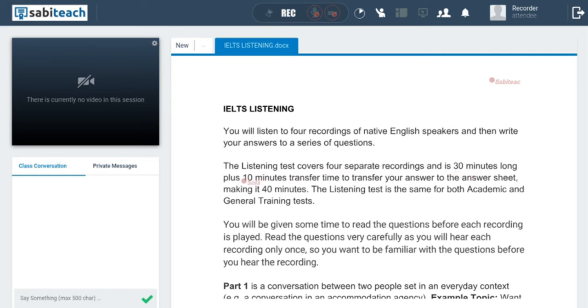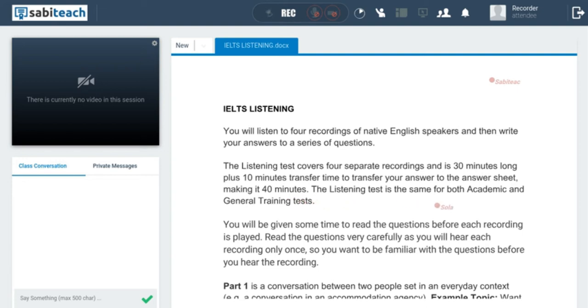That is the reason you'll be given 10 minutes transfer time to transfer your answer to the answer sheet. So you then copy your answers from the question paper to the answer sheet. The 10 minutes will make it 40 minutes in total for the listening section.